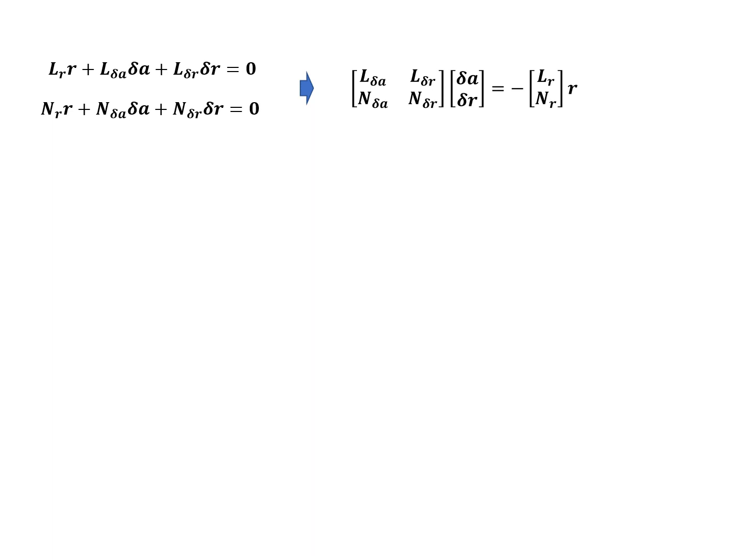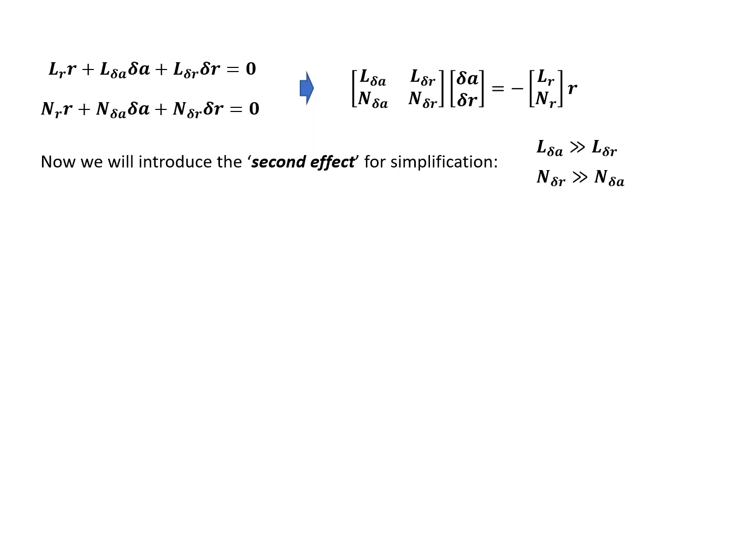But there's another approach. We can simplify by considering the secondary effect. In this case, we can consider L_delta_A far larger than L_delta_R, because delta A is the aileron deflection, and the aileron is in charge of rolling. But the rudder is in charge of yaw, so the rolling moment contribution from the aileron deflection is much larger, and the rudder deflection's contribution to the rolling moment is negligible.